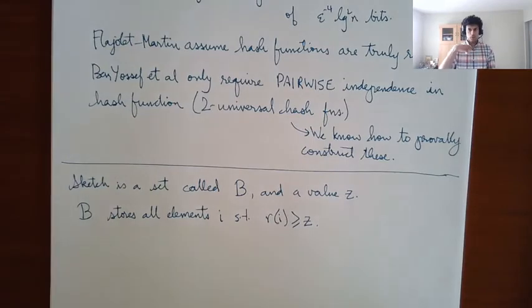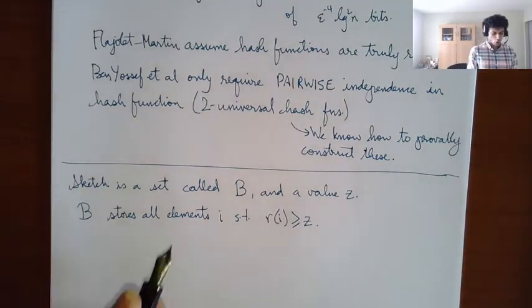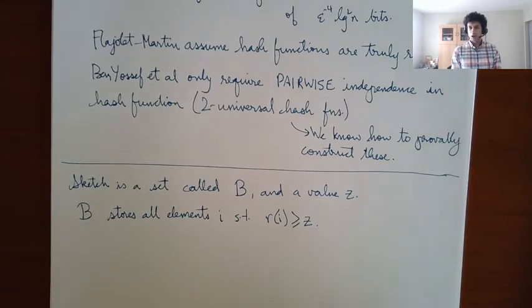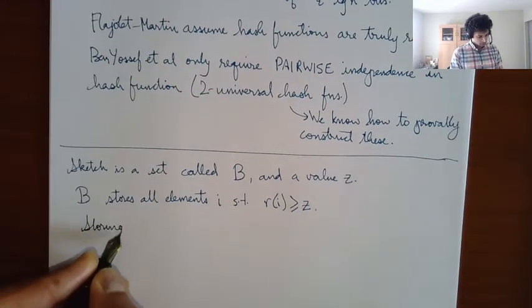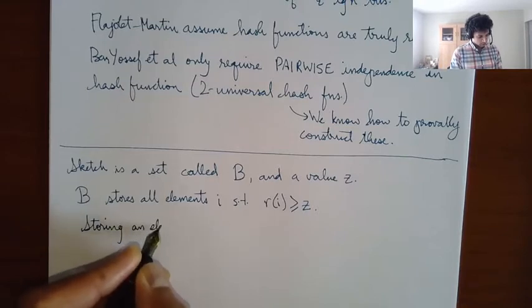Previously we just stored the maximum. Now B is not going to store the maximum. It's going to store a smaller value, but it's also going to store all the elements I such that Ri is greater than Z.